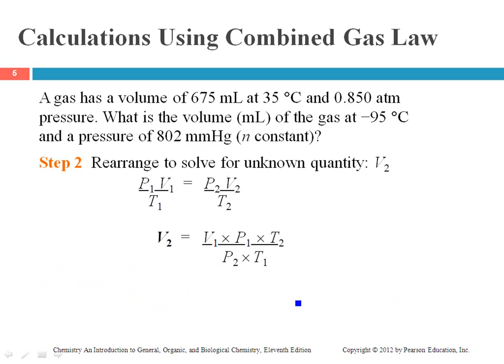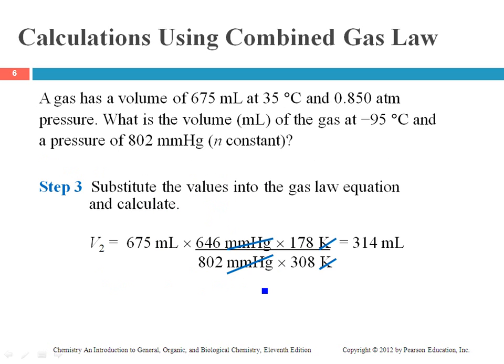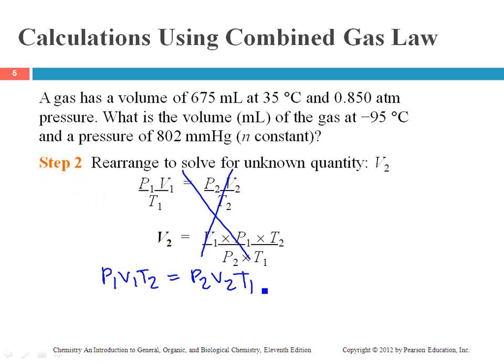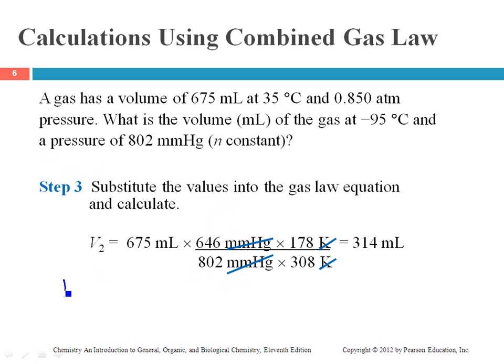That's how I'm going to do it. So I'm just going to say P1 V1 T2 equals P2 V2 T1, and then we are going to plug in. If you would rather do it another way, you are welcome to.